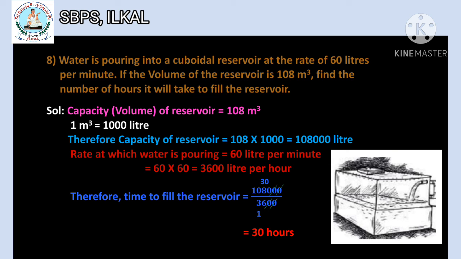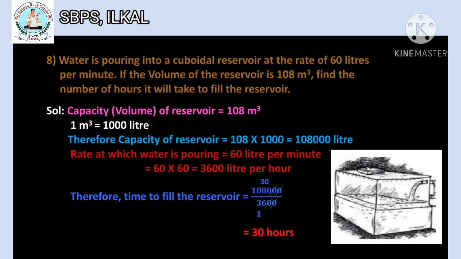We know that 1 cubic meter is equal to 1000 liter. Therefore, capacity of reservoir is equal to 108 into 1000, which is equal to 1,08,000 liter.